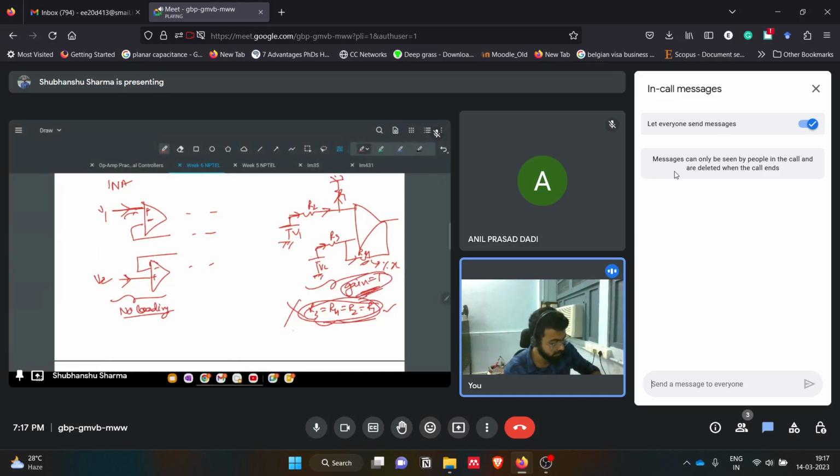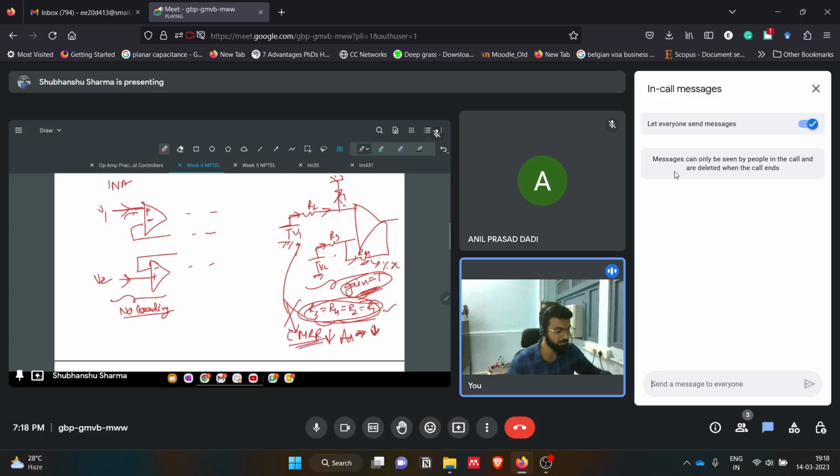It will also affect the CMRR of this differential amplifier, because our differential gain will vary. I think it will reduce, and CMRR will also reduce, because CMRR is AD by AC. So if there is some mismatch, it will affect our CMRR.